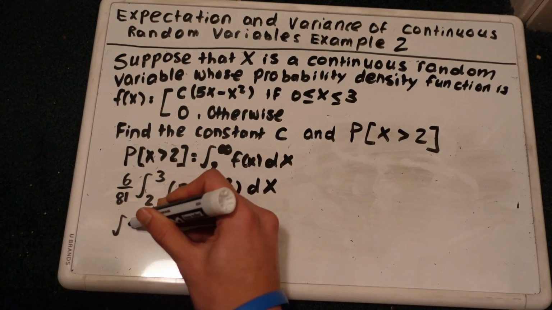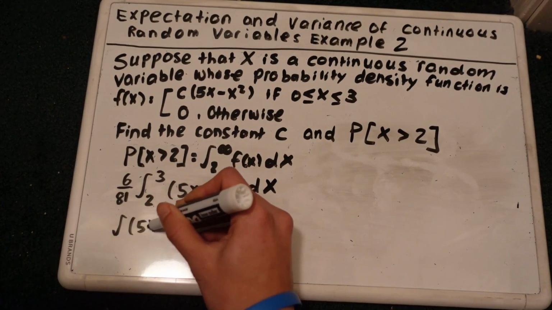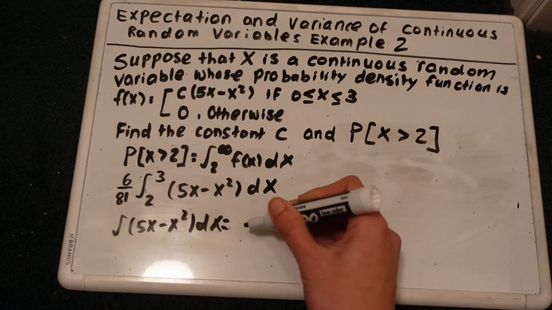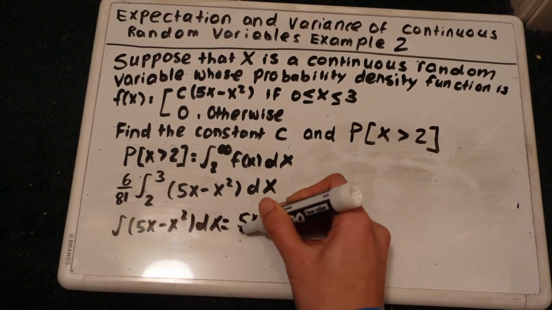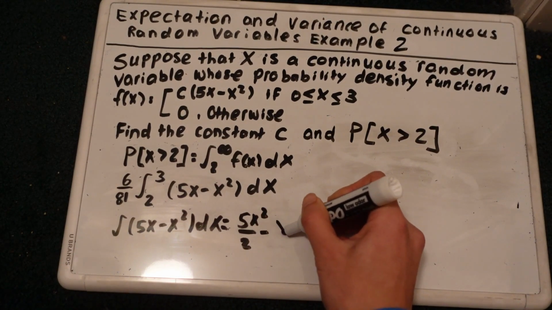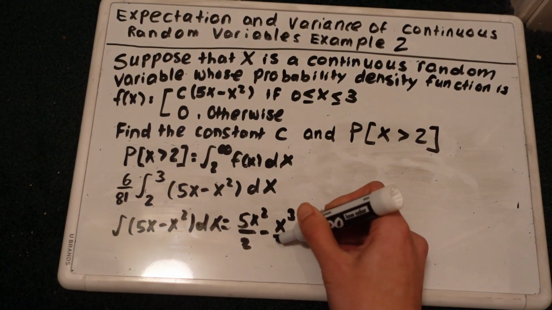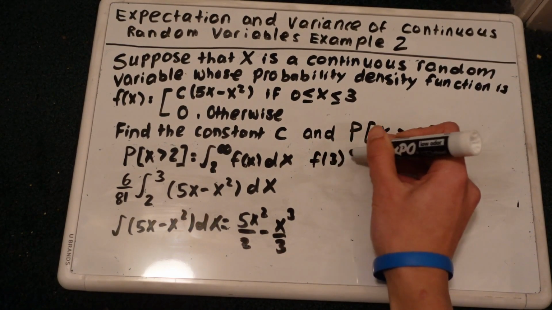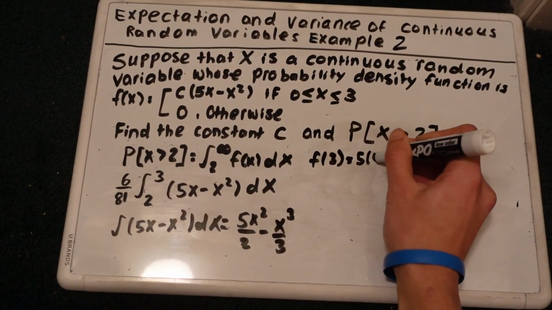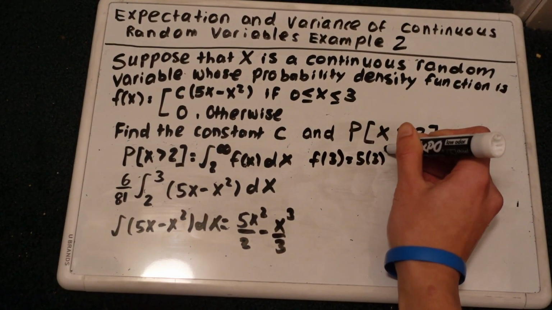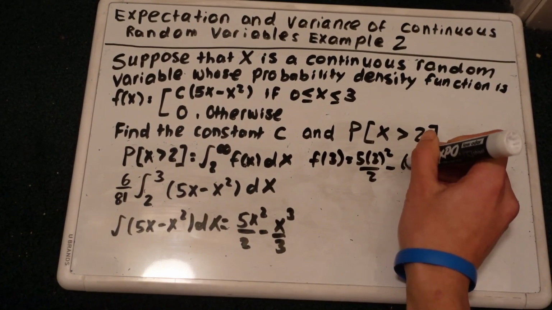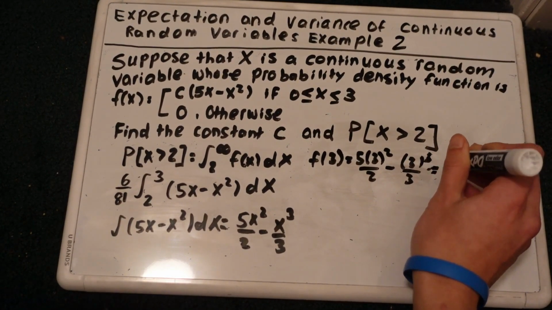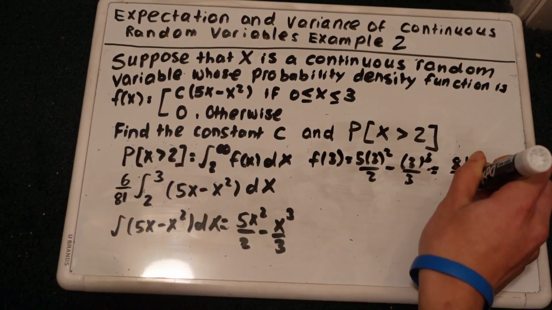Let me just solve this integral once again. It would be 5x squared over 2 minus x cubed over 3. Now I could plug in 3 here. This would be 81 over 6 again.